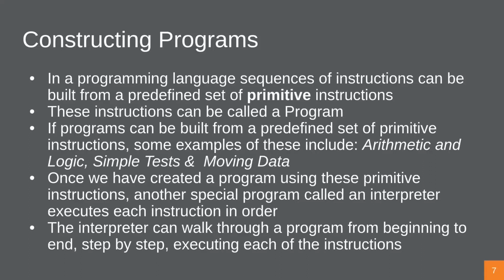Primitive instructions just means instructions that are already built into the computer, so things like add, to add two numbers together. If we had to write out the program to add two numbers together, and other things like that, it would make a programming language more difficult to use.